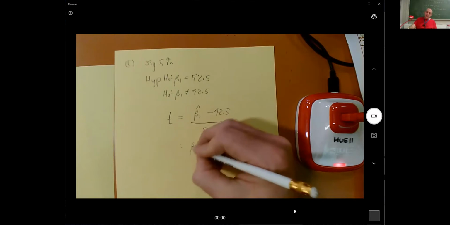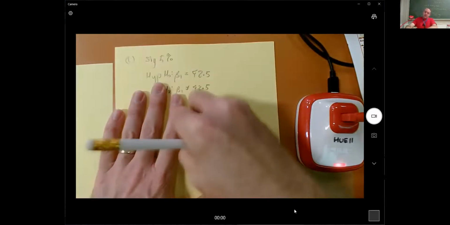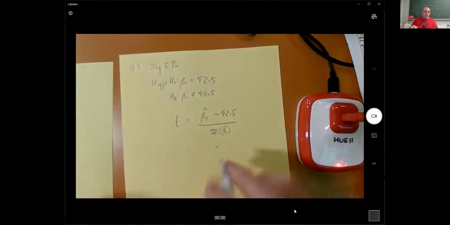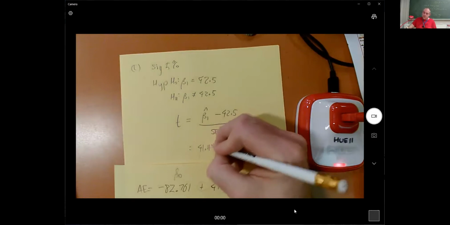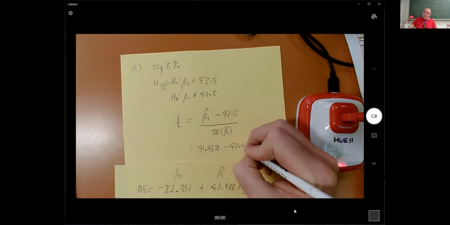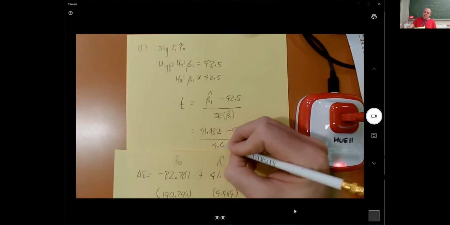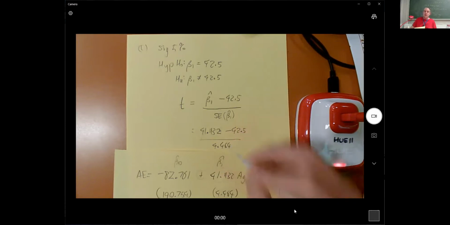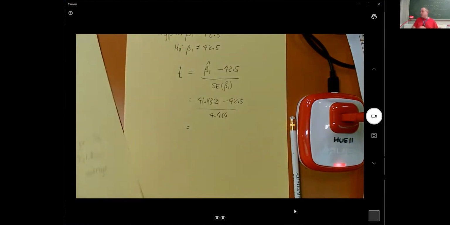So my beta 1 hat in the data was 41.932, and I'm comparing to 49.25, and the standard error was 4.464. And then when I do that calculation, it comes out to whatever it comes out to.